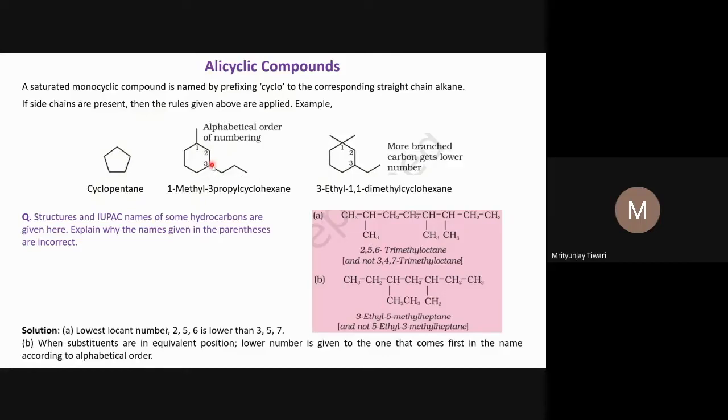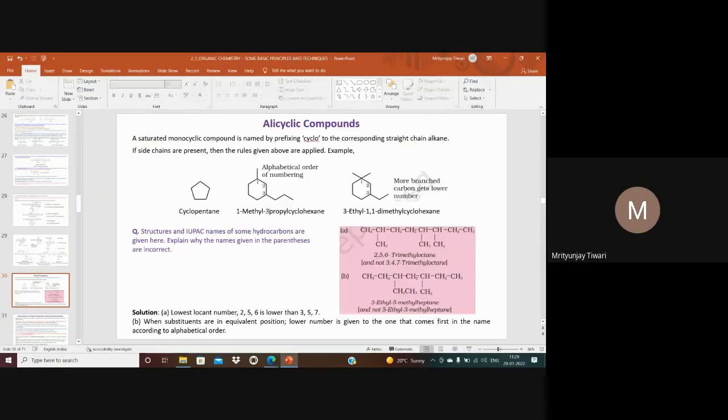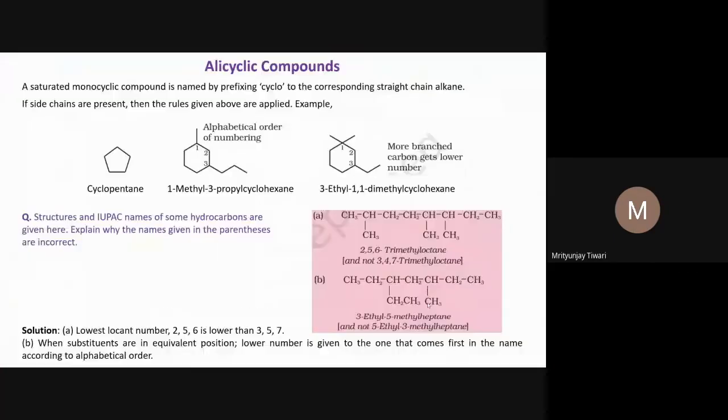But this cyclohexane has two branches, so the names of the side chains are prefixed to the name of cyclohexane. Alphabetical order we follow: 1 methyl, 3 propyl cyclohexane. Earlier there was a typing error here, this is 3 propyl.